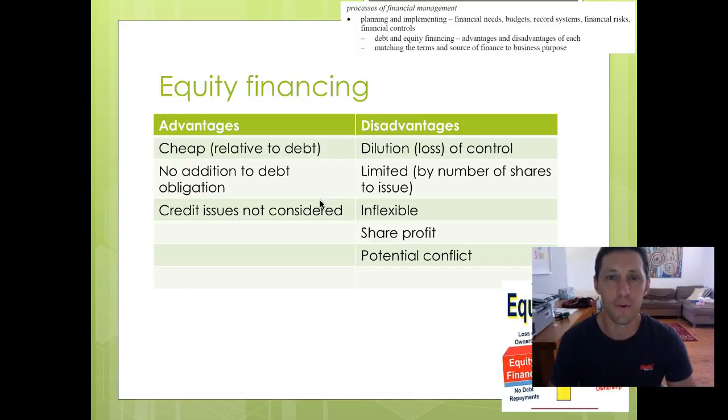You could have conflict with large shareholders in your company about the direction that the senior management is taking the business. They may not like a recent acquisition that the business made, and they may well voice that quite clearly to senior management. So it can also create some conflict and some disagreements between particularly large shareholders in those businesses and management.